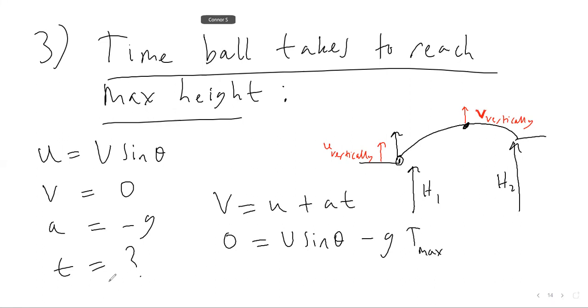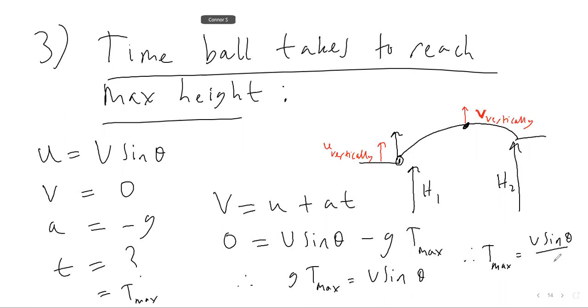So rearranging this, we get g times the time to get to the maximum height is equal to u sine theta. Therefore the time it takes to get to its maximum height is u sine theta over g. So that's another formula as well. If you want to learn that, you can. Again, you don't have to, as long as you understand how to do the Suvat procedure, that's fine.